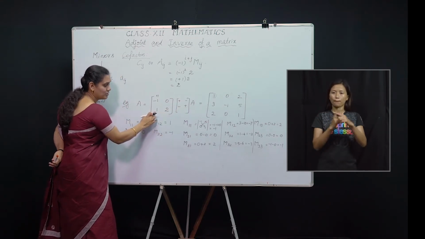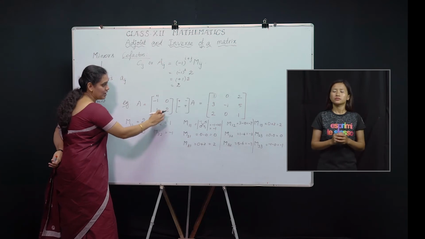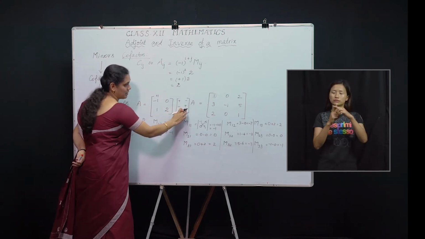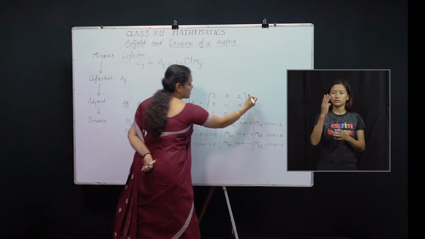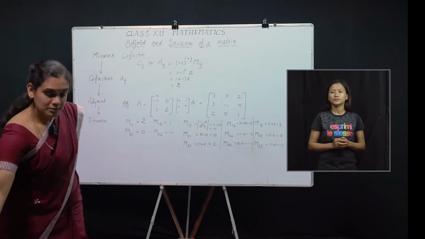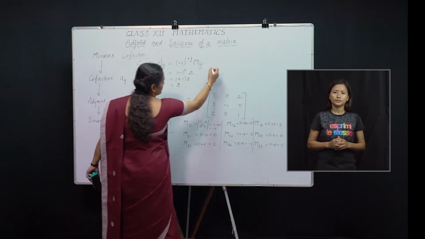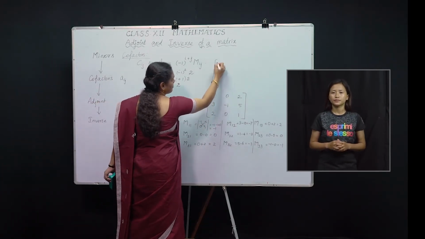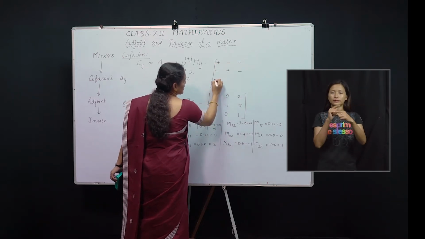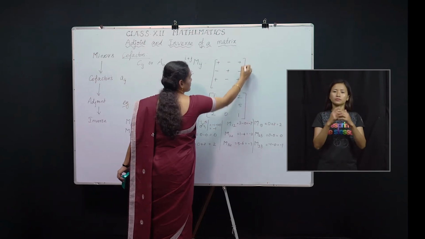Because this is 2 plus 1, 3, so it becomes minus, and 2 plus 2, 4, (-1) to the power 4 will be plus, that's why plus. And for a 3 by 3 matrix, the signs will be plus, minus, plus, minus, plus, minus, plus, minus, plus.